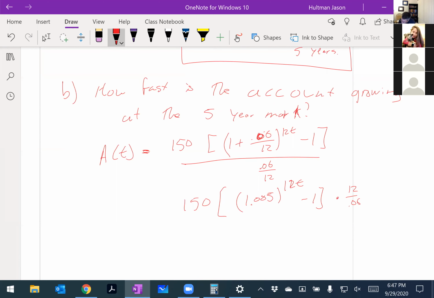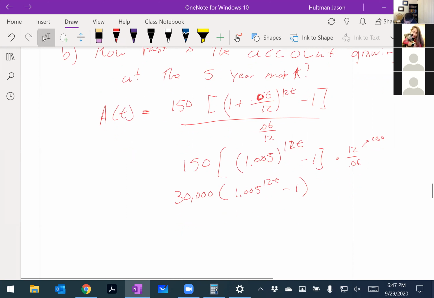200 times 150 is 30,000. So this is really 30,000 times 1.005 to the 12t minus 1, and I could distribute that 30,000.